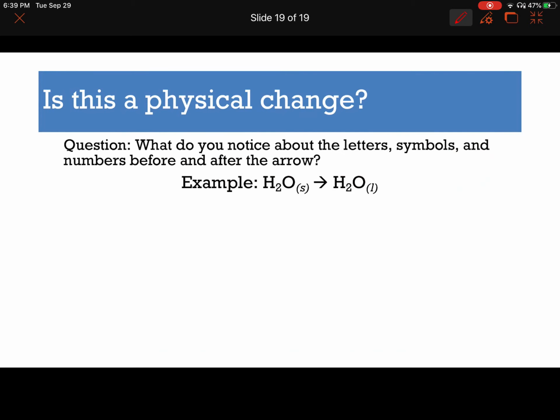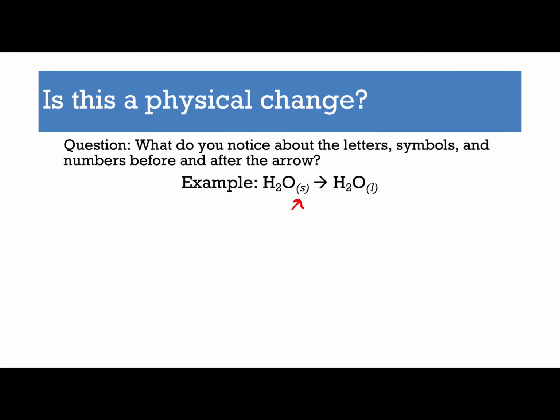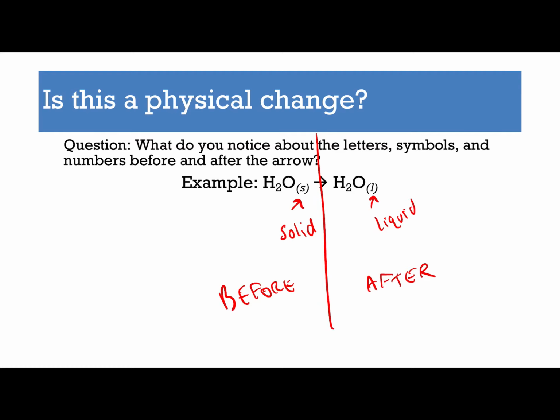Here's another question I have for you. Now we have a chemical reaction. Now, I want you to notice these little letters. S stands for solid, and L stands for liquid. And so we break this in half where the arrow is. This is the before, and this is the after.